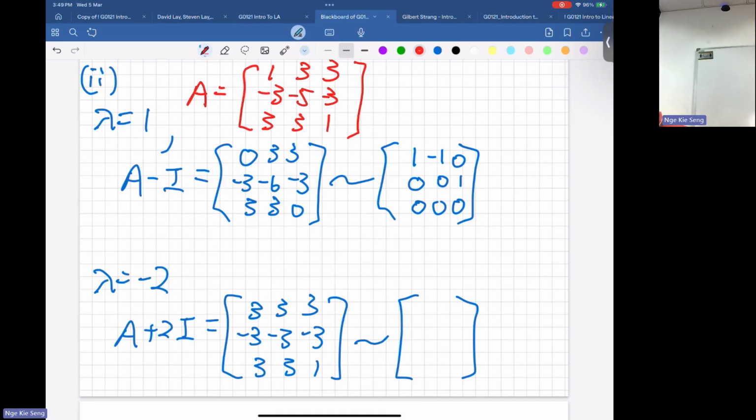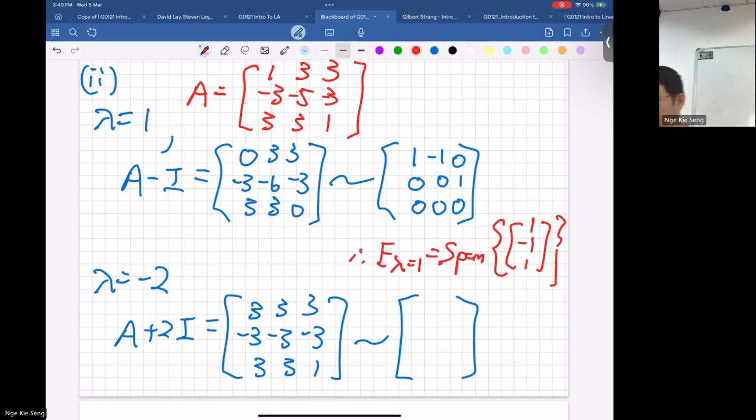So I try to do backward thinking. Let me put the solution here first. So lambda equals to span of 1, minus 1, 1. Where do you think the solution comes from?